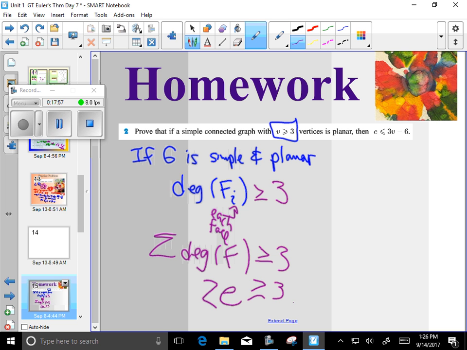So if you have 3 faces, the sum of all of the degrees of those faces will be 2e. So this is the leap. You're given that the degree of each face is greater than or equal to 3. Now when you add all of these up, it's 2 times the edges, greater than or equal to 3 times the faces.